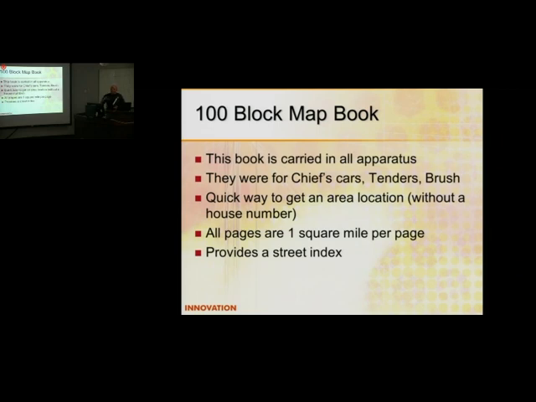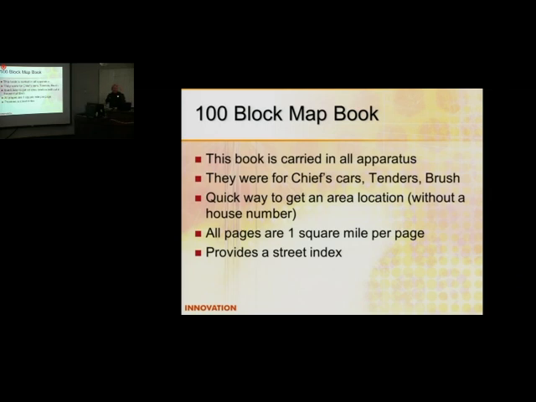So you will not have 29 Lincoln 3, you will just have 29 Lincoln. The reason is because all it will give you, and most of you should have looked through these by now, is the page, and it'll just have all the streets and hydrants on it. That's all. It's meant to be a quick reference, especially for tenders and brush rigs, to get you moving in that direction and know the approximate location where you're at.